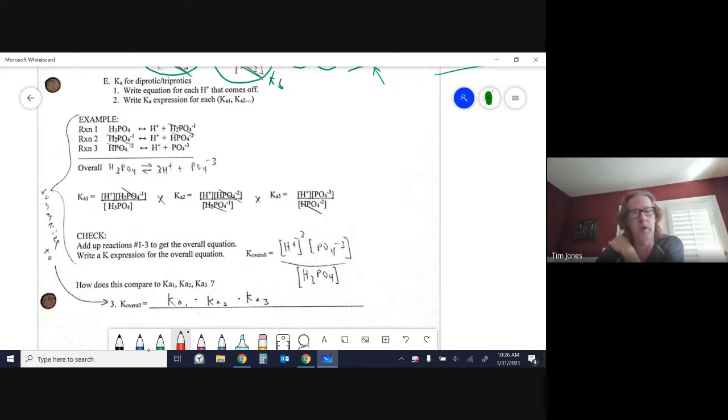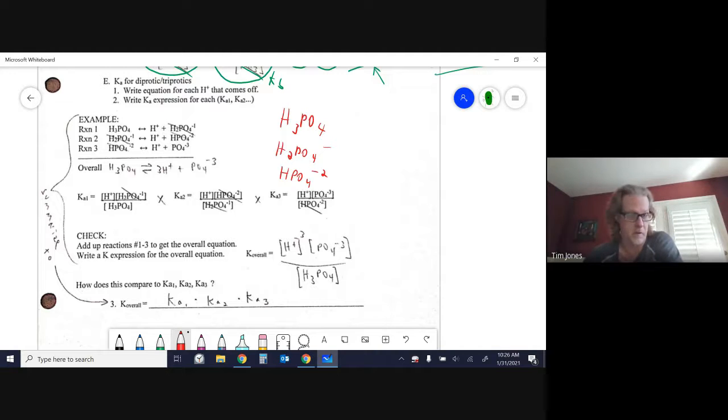This time we're going to focus on the weak acid system here. And you can think of this as 3 related weak acids. First we have H3PO4, then we have H2PO4 with a -1, and we have HPO4 with a -2. Those are 3 different weak acids that are related to each other.